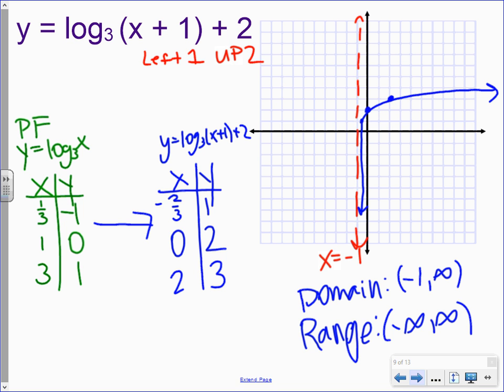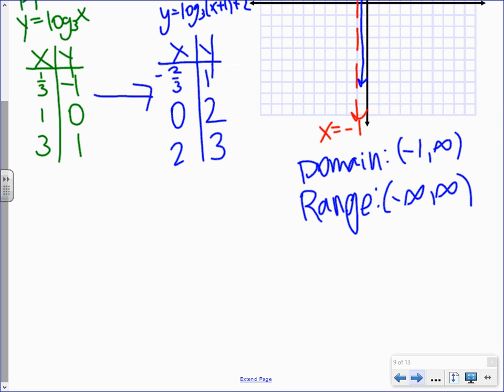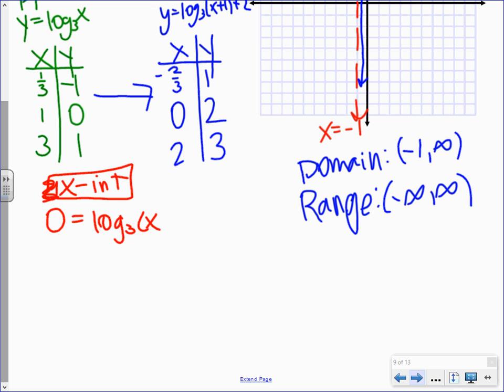So let's go ahead and do that. 0, so this is our x-intercept. 0 equals log base 3 of x plus 1 plus 2. If we want to find the coordinate of our x-intercept, we plug 0 in for y, and now we need to solve this equation.